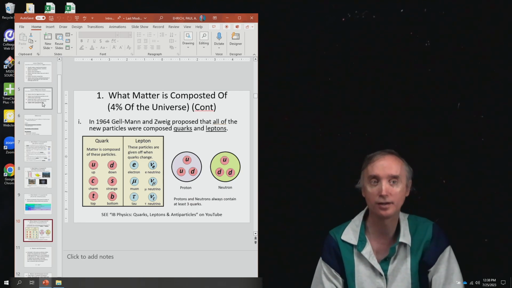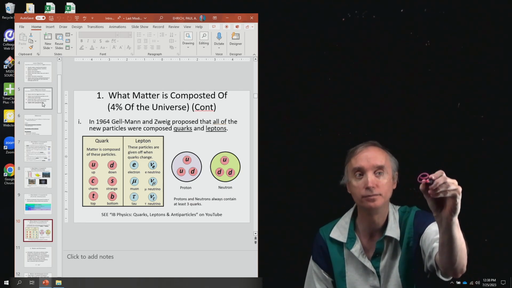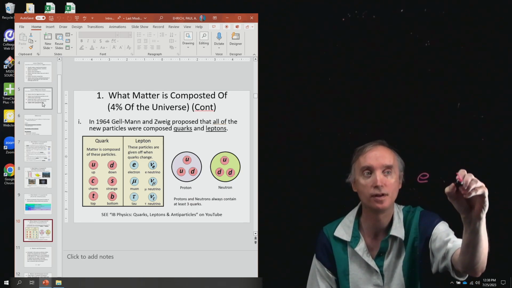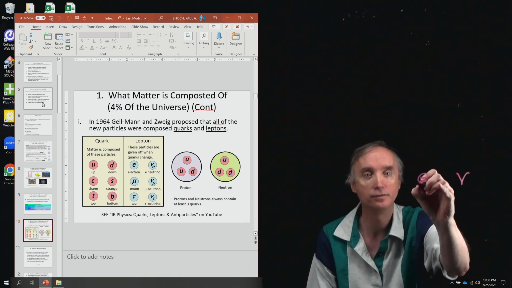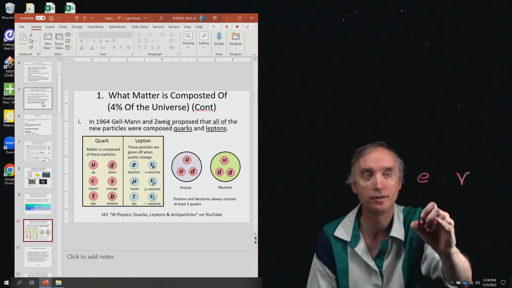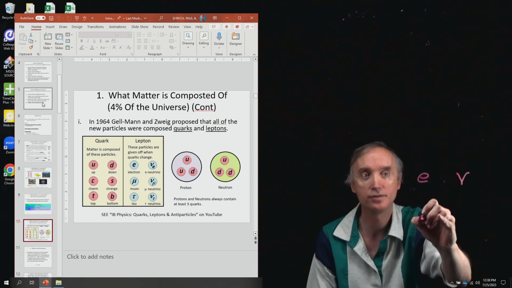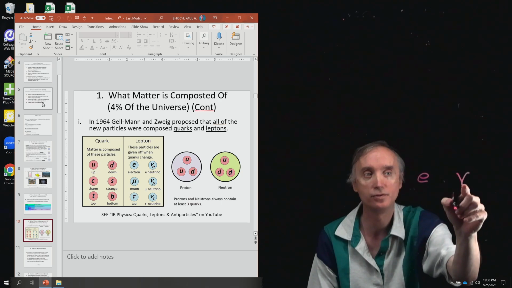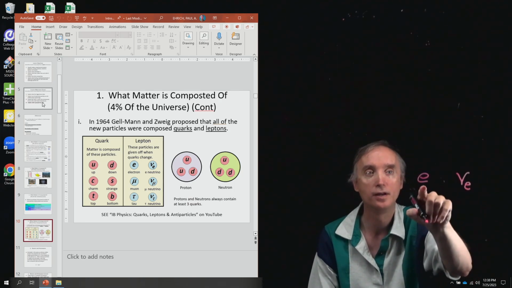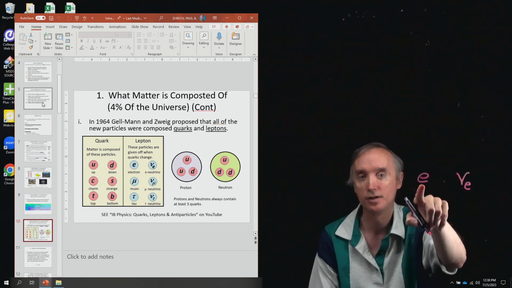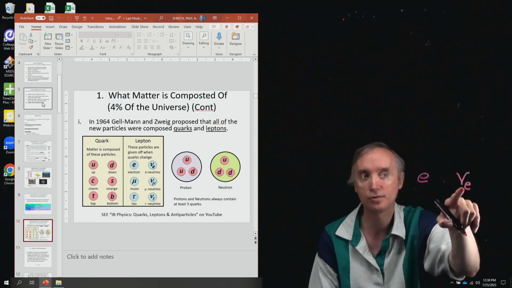So you should recognize the electron, and you should recognize the neutrino. For every type of lepton, so there are 3 kinds of these particles, there's a neutrino that goes with it. And this would be the neutrino that goes with the electron. So I do want you to know what a neutrino is.